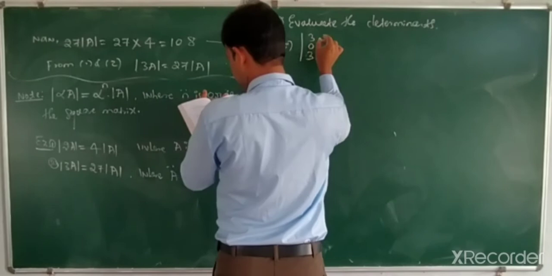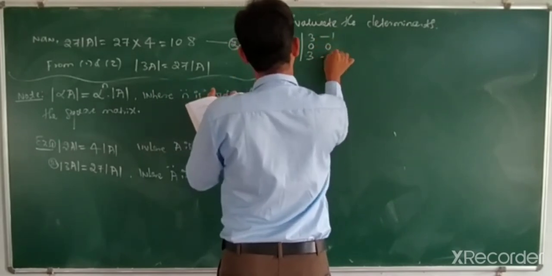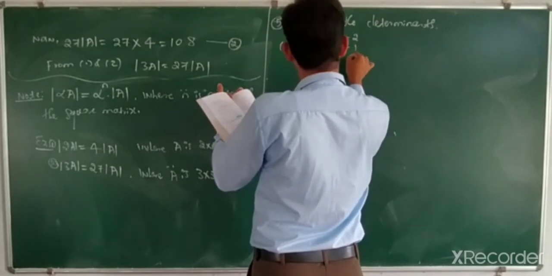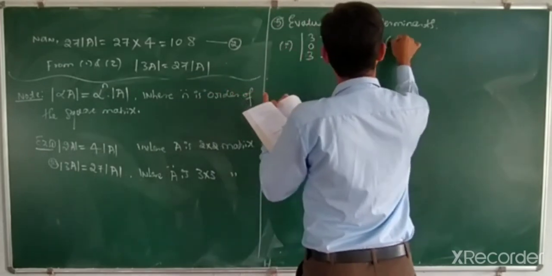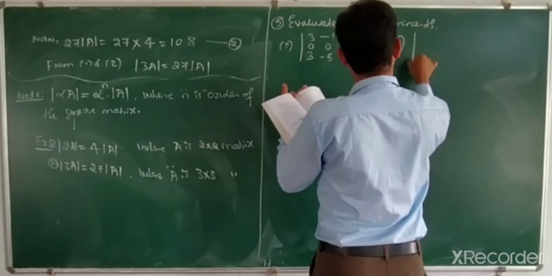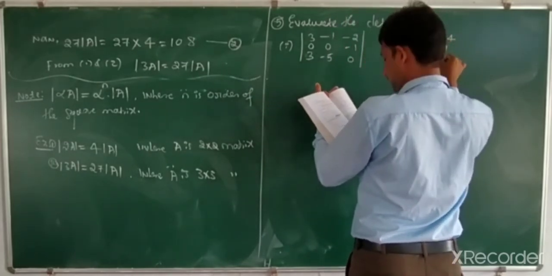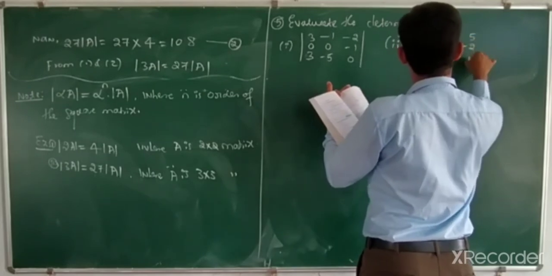3 0 3, minus 1 0 minus 5, minus 2 minus 1 0. Second one, 3 1 2, minus 4 1 3, 5 minus 2 1.